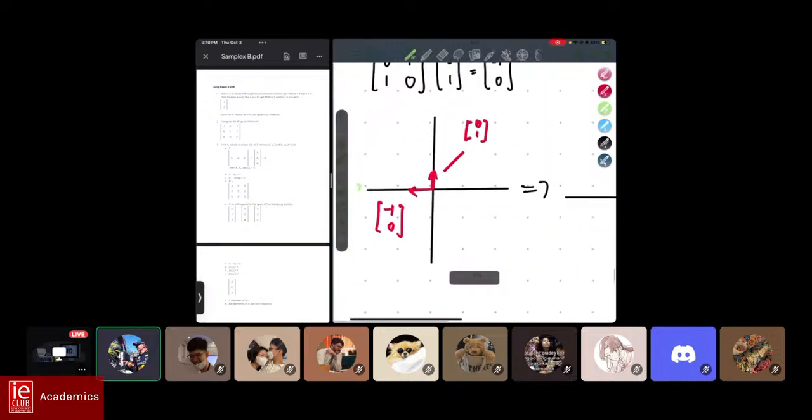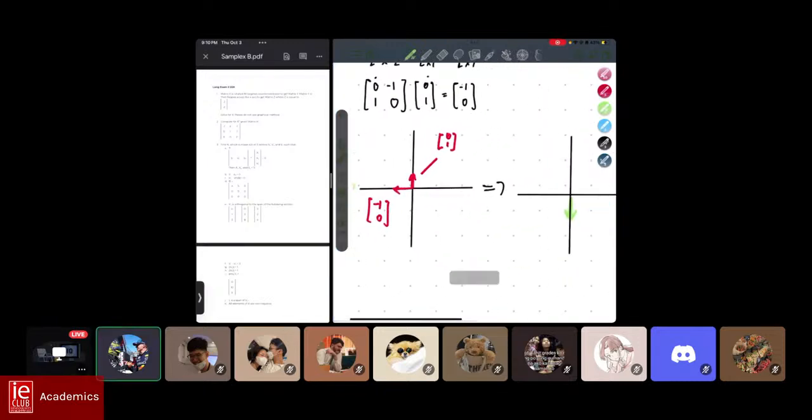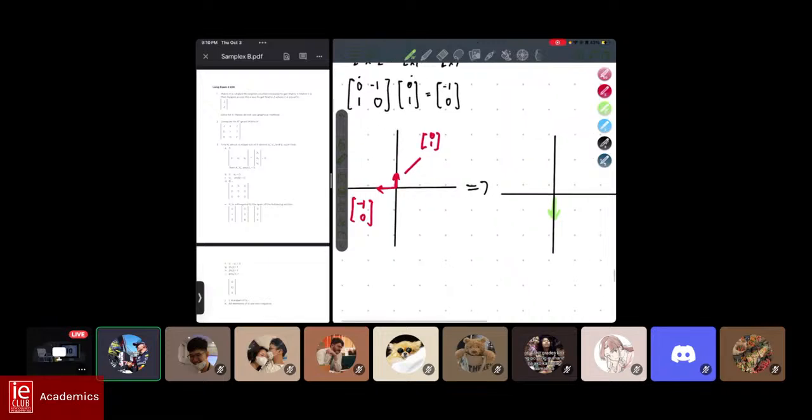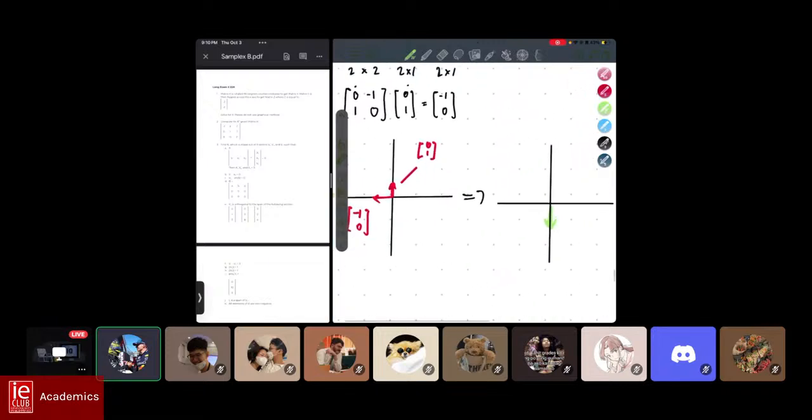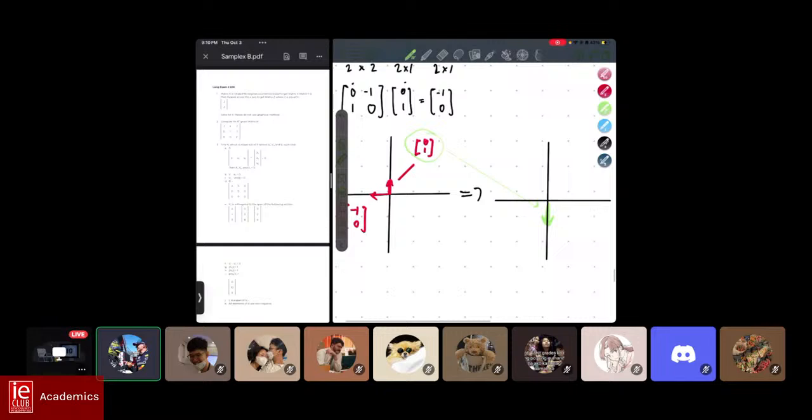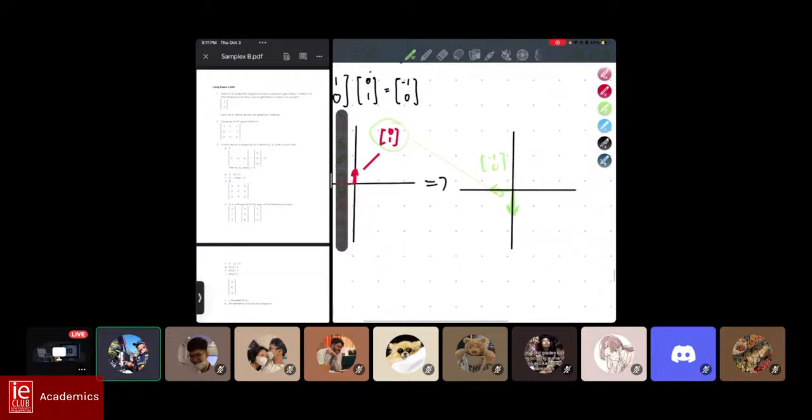So, ito, yung x, j hat natin na nasa negative 1, 0 na. Sorry. Ito, this vector, na-flip siya. Ito yung na-flip. Ito, unchanged. So now, this is still negative 1, 0. And ito naman, this is now 0, negative 1. Makes sense naman, di ba?